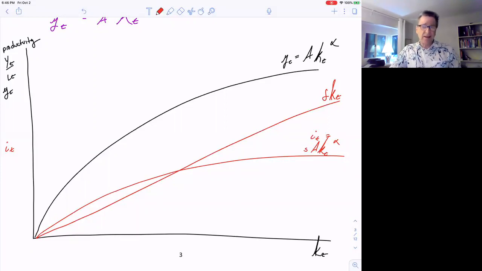But the steady state is where the amount we add is just equal to what's been worn out through depreciation. And that's going to be right here where these two curves intersect. This will be little k sub t star for the steady state.